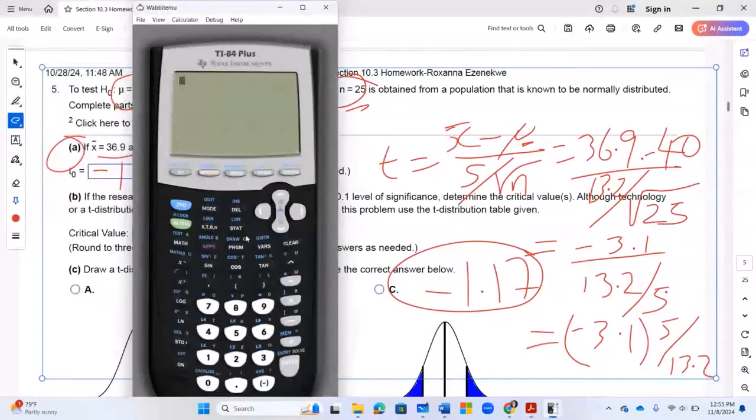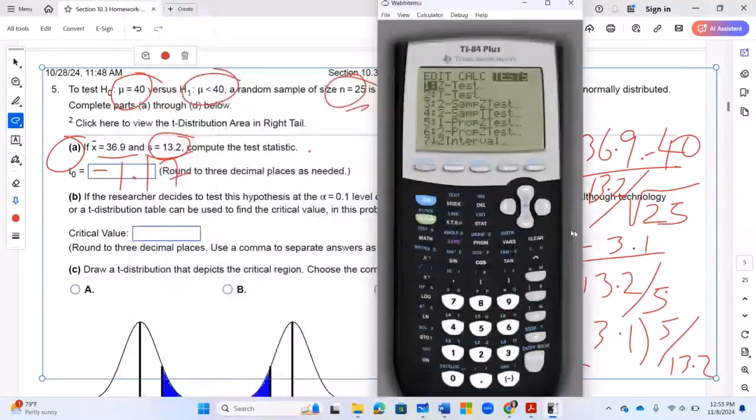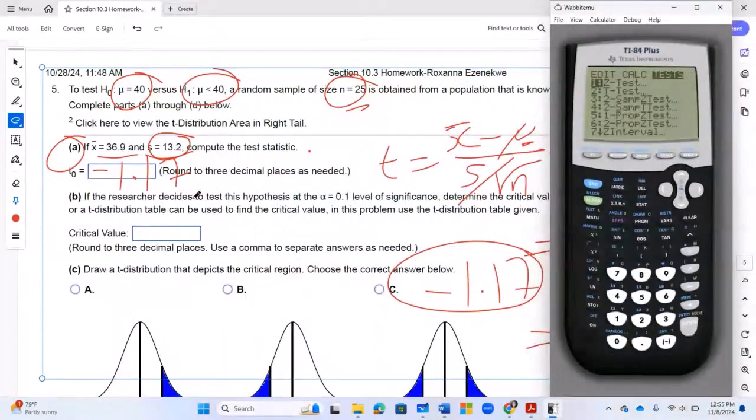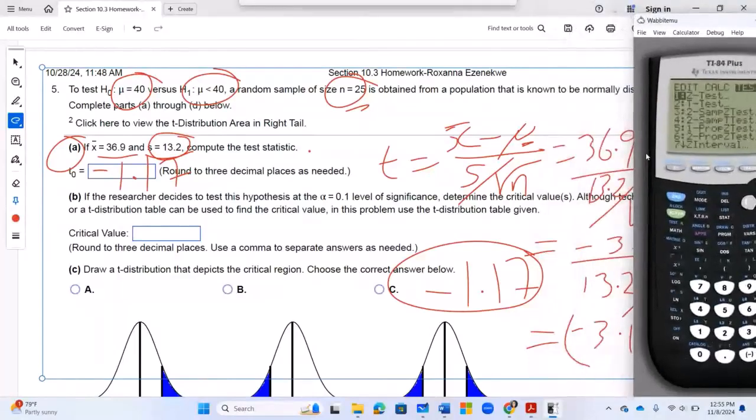I am going to go to STAT, arrow to TEST. I'm doing a t-test. Before I do this t-test, I want to know if the researcher decides to test this hypothesis at 1%, determine the critical values.